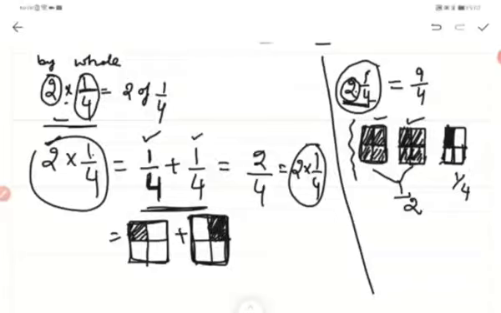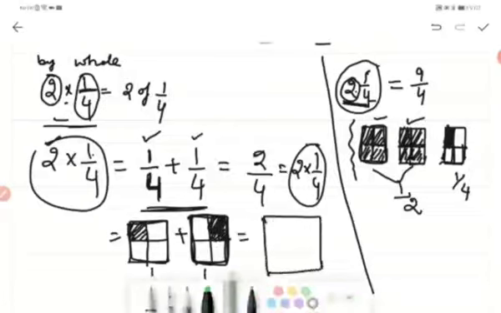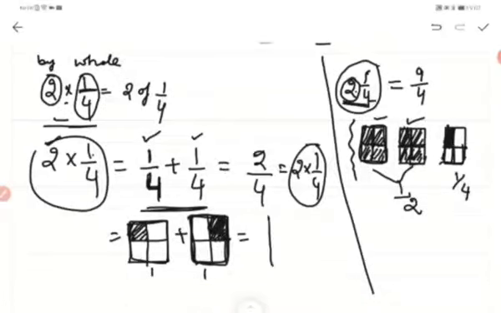When you add these two, this one and this one, you will get the same size, not a bigger one. You'll get a square or a rectangle which is divided into 4 parts, and this shaded one plus this shaded one will give you what answer?